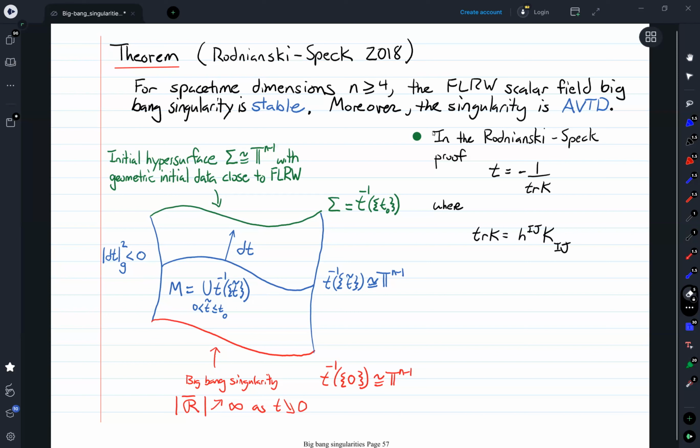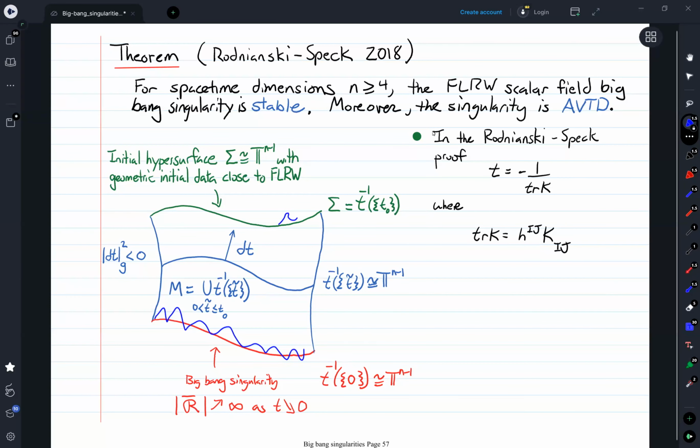this introduces a non-local element into the theorem. So it means that if they change their initial data, say a little bit here, they don't know that it doesn't affect the whole singularity.